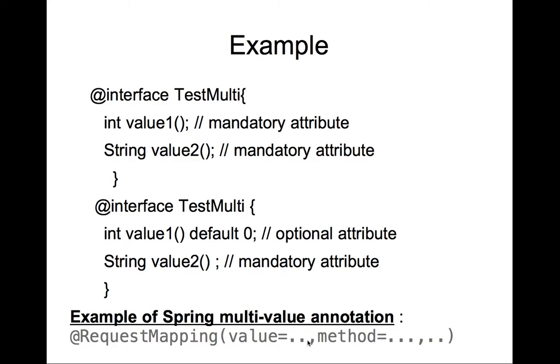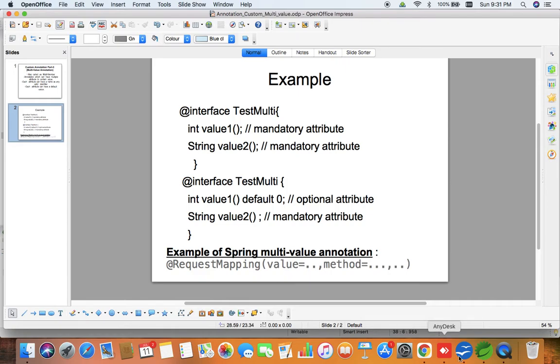That value we can supply as the value of the value attribute. The method attribute is another part of the RequestMapping annotation. We may use headers also. So these are various attributes of RequestMapping. Let us look at how we can create our own custom annotation which is multi-value.